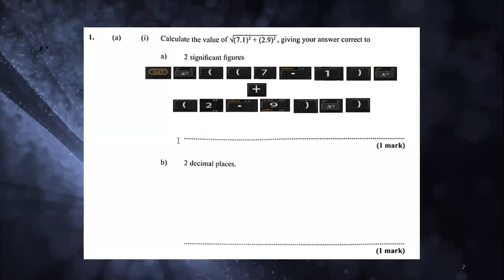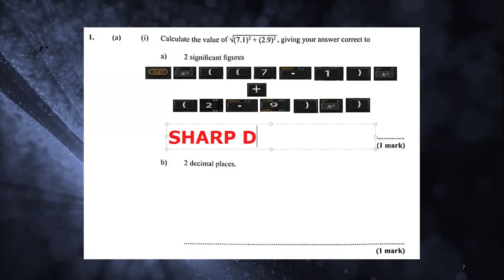And I highly recommend the Sharp calculator. So that's going to be this calculator here. Sharp EL 506CS.